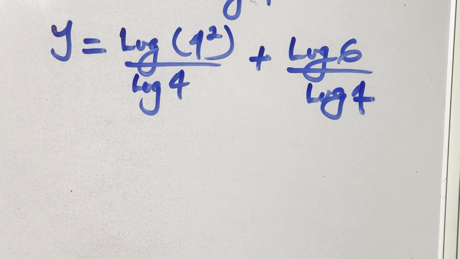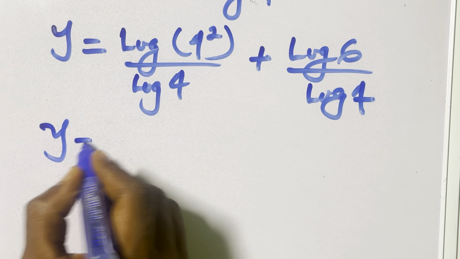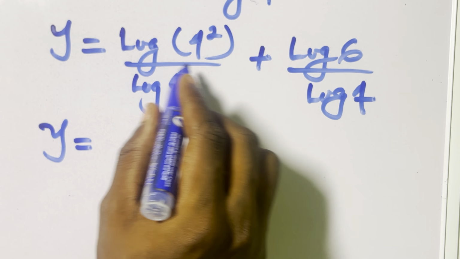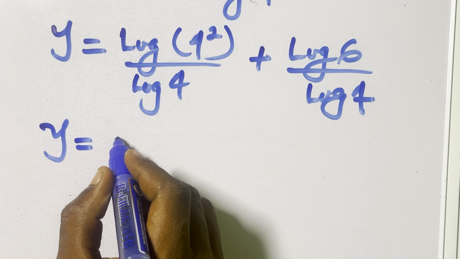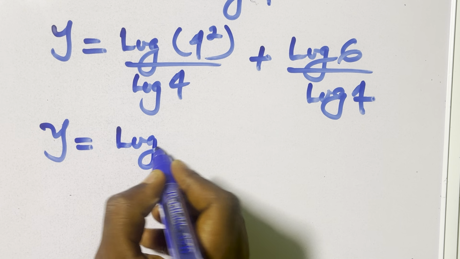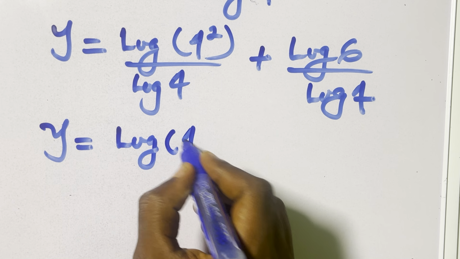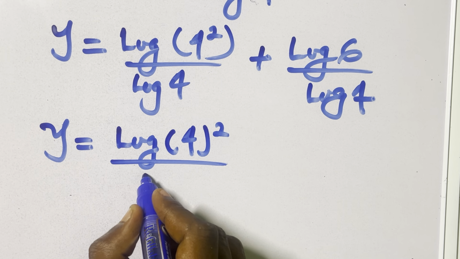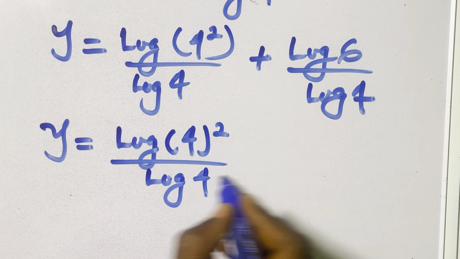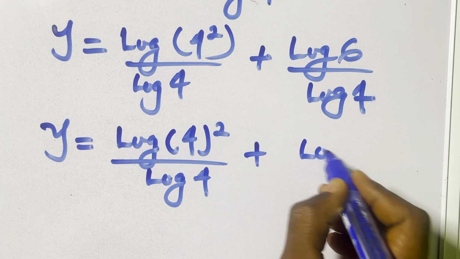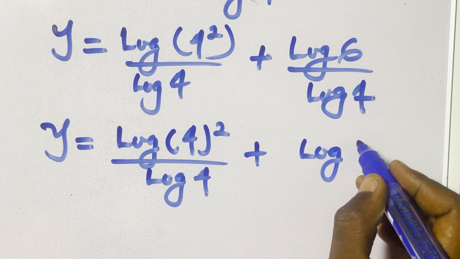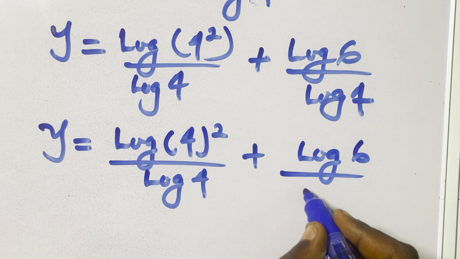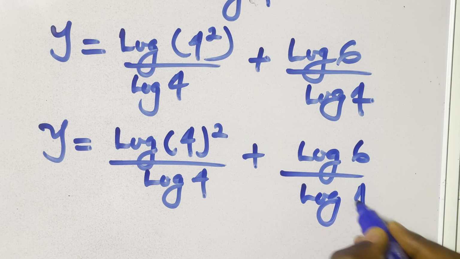Alright, then y will be equals, if you apply the property of logarithm here, we are going to have log 4 raised to power 2 divided by log 4 plus log 6 divided by log 4.